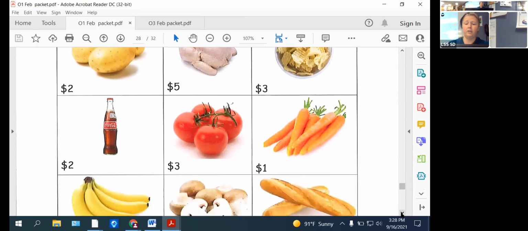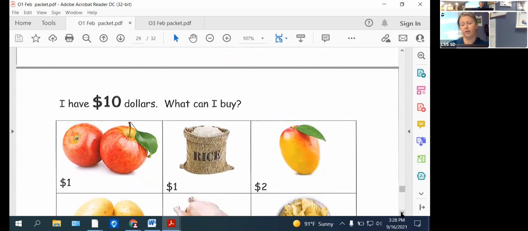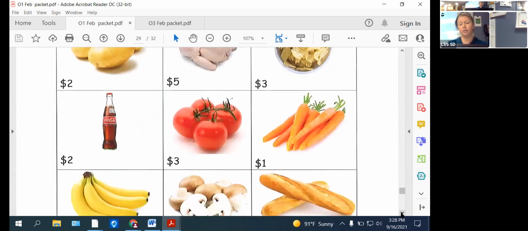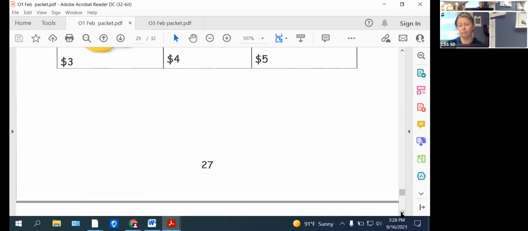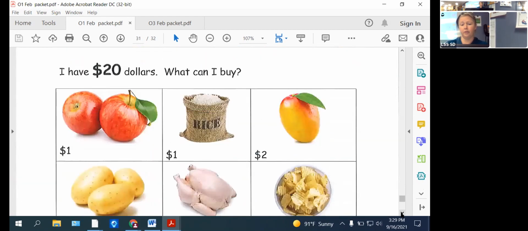We did this with every student, and then we upped it to $10 and then $20. So they were able to go shopping for the same items, but with different amounts of money, $15, etc.